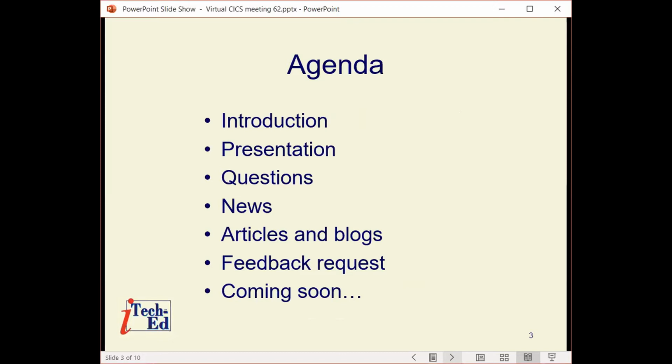Okay, let's start by running through the agenda for this meeting. As usual, most of the meeting will be taken up with a presentation, and today our guest presenter is Colin Penfold. He's technical leader for IBM CICS Transaction Server Security, and he's going to be talking about what's new in CICS security.